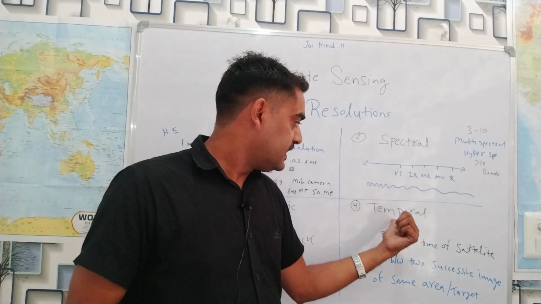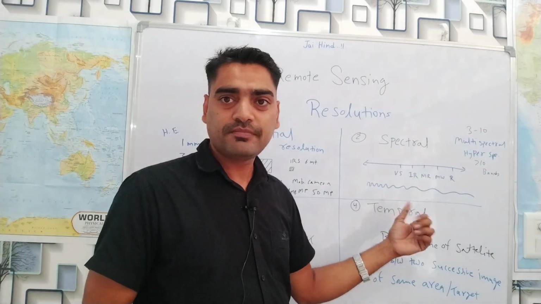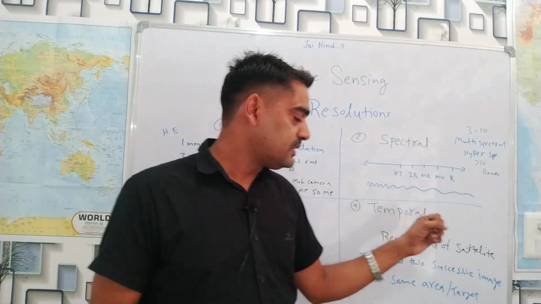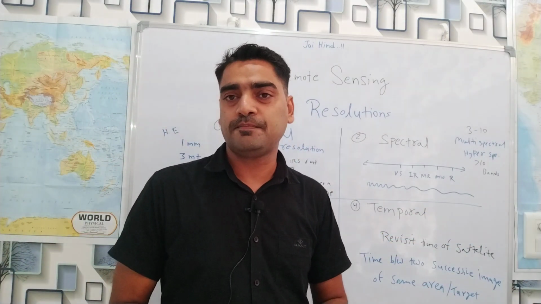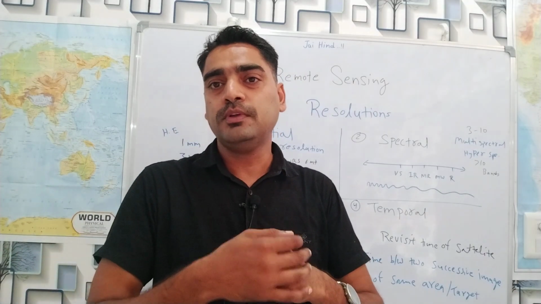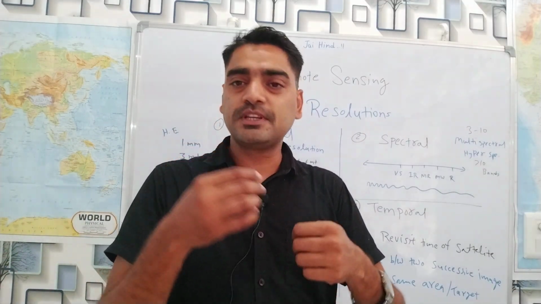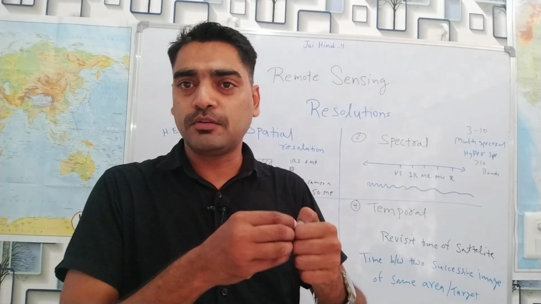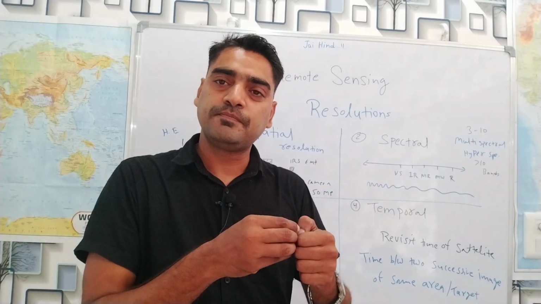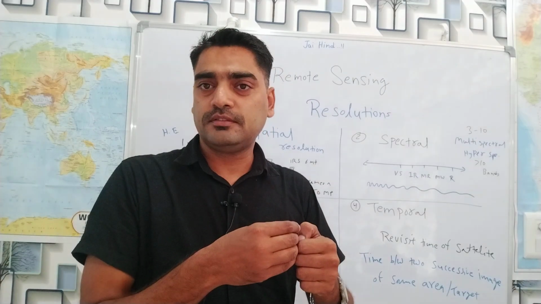On the other hand, the temporal resolution, the fourth and the last, is simply the revisit time of the satellite or the sensor. Polar satellites move from pole to pole. When they capture an image of a particular target, they revisit that target or area after a particular time.